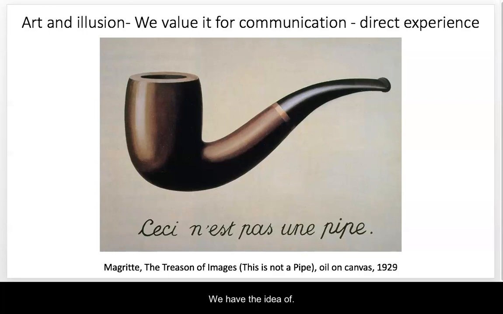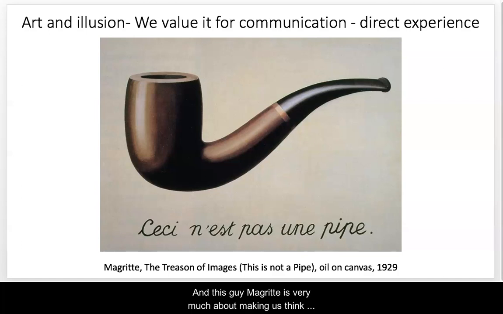Also, we have the idea of something here in this piece that's really interesting. This down here says, this is not a pipe. It's called The Treason of Images. Well, what is this? It's not a pipe you can hold in your hand. It's a picture of a pipe. Of course, we know that, but we see this and we think pipe, okay?